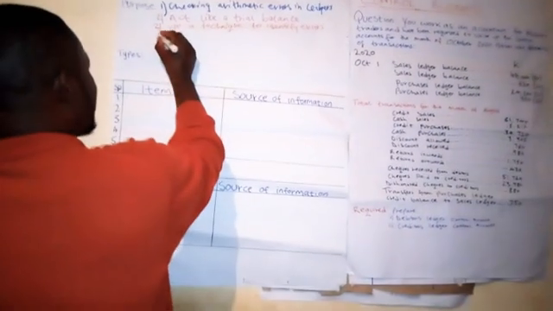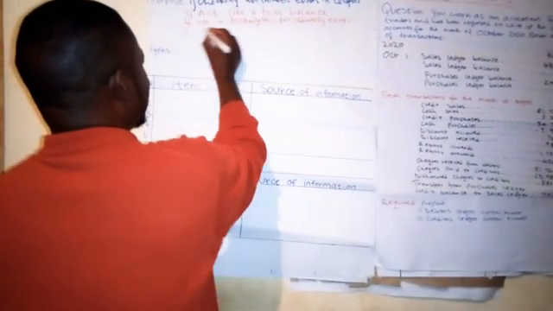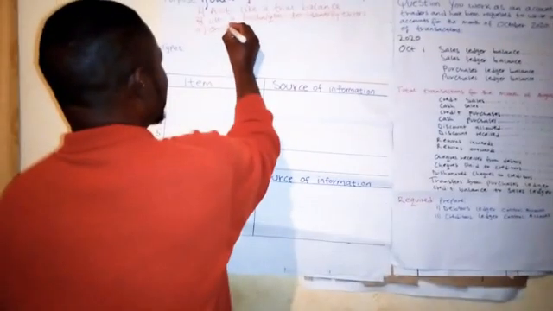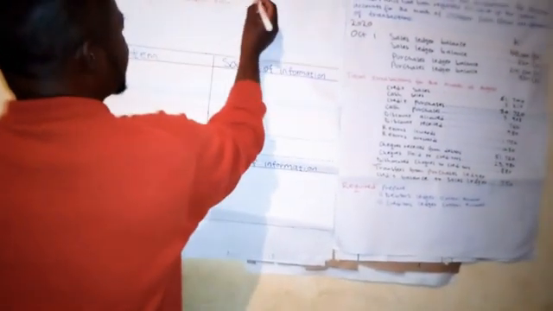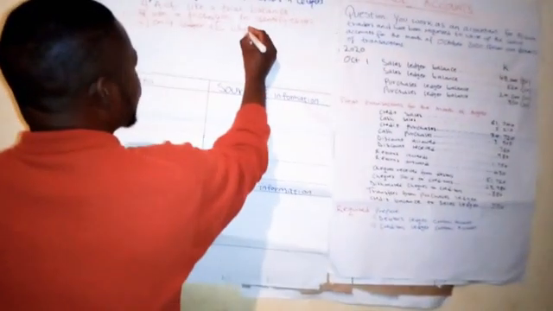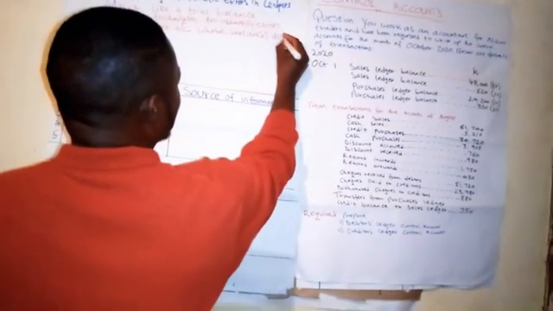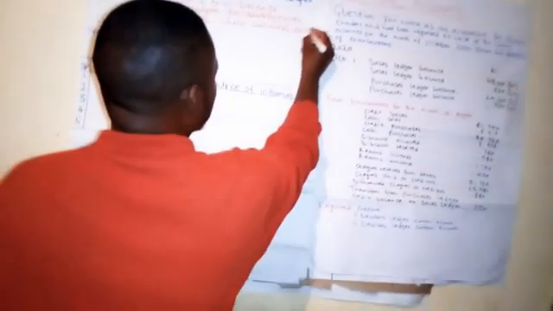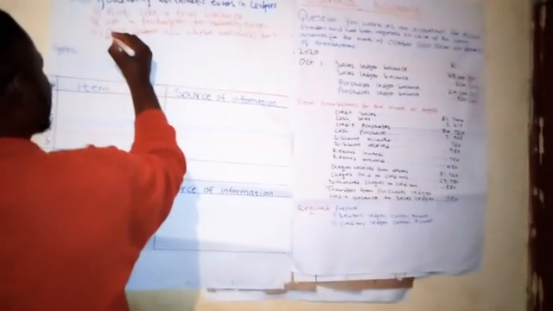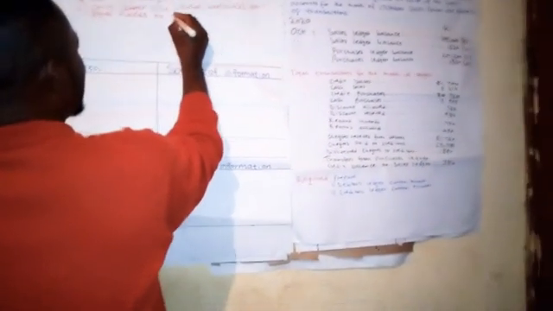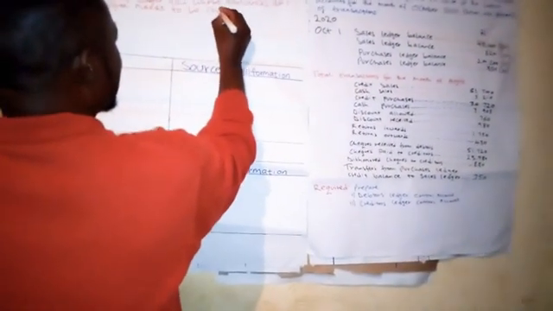Okay, so fourth one we are saying only ledger accounts whose balances do not agree need to be checked.